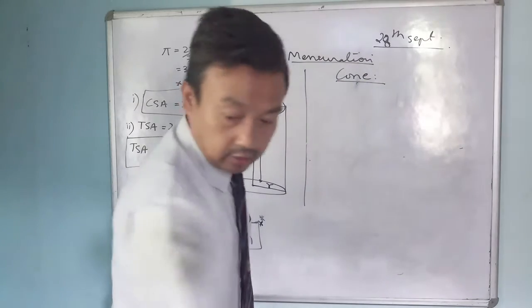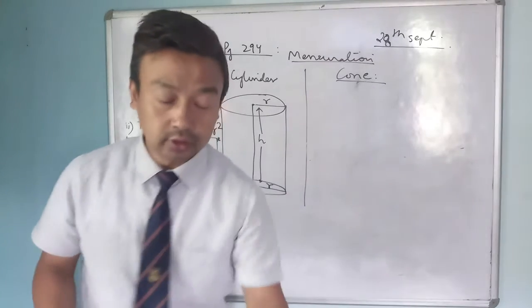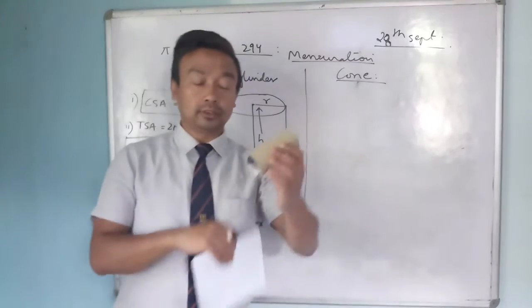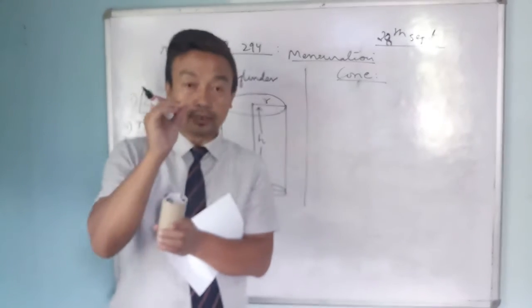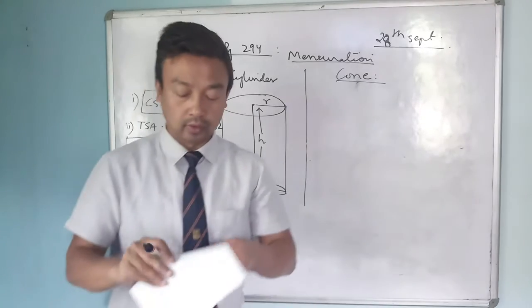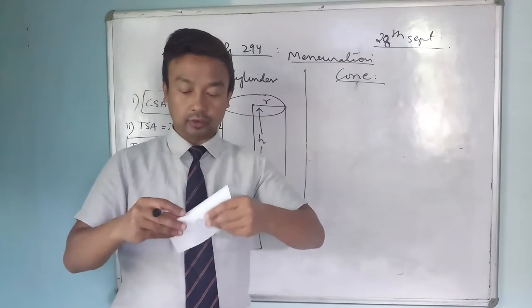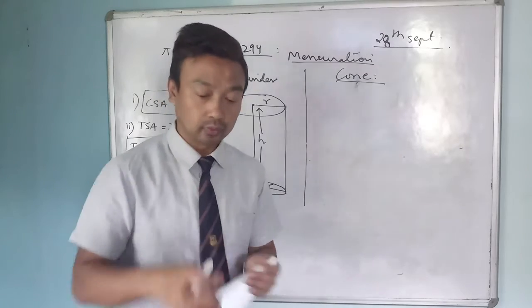So for the cone I did not find any object here. So basically cone is the same as a cylinder, only one of the circles is removed, it has been slanting, so it is pointed somewhat, it looks like this. You have seen that birthday cap, etc., that is somewhat similar to the cone. Okay, so this is a cone here.